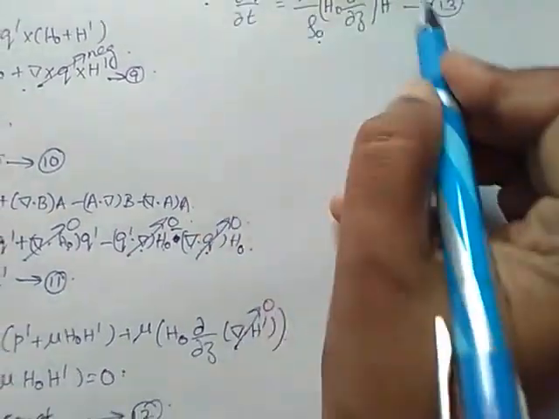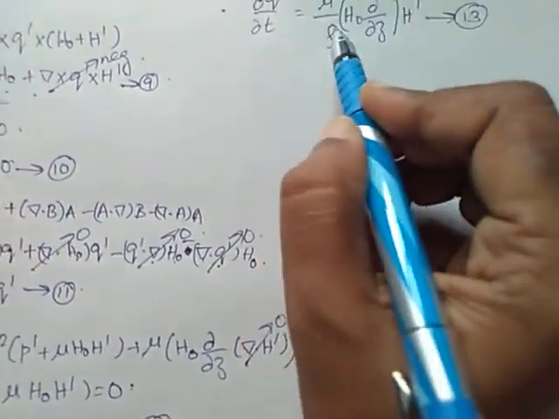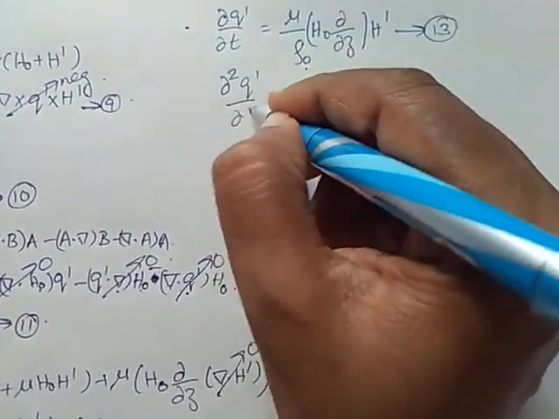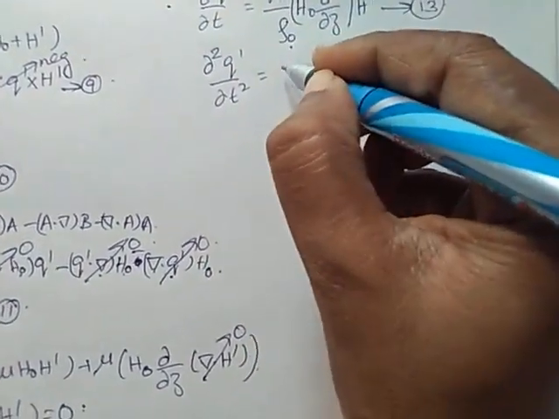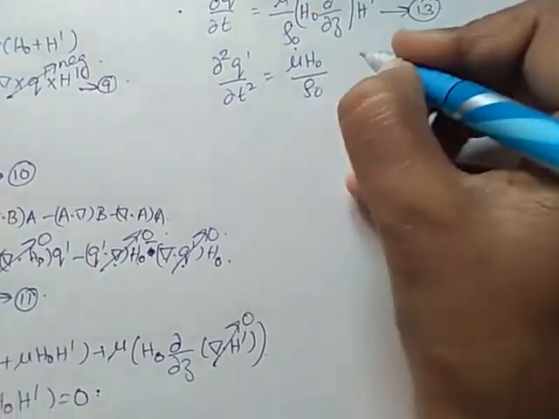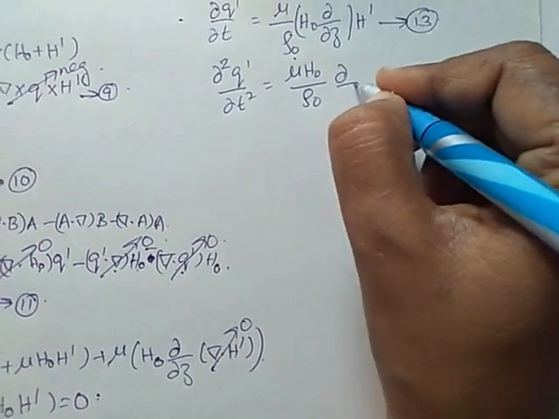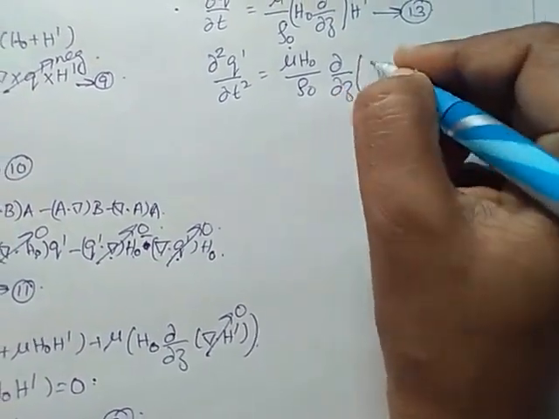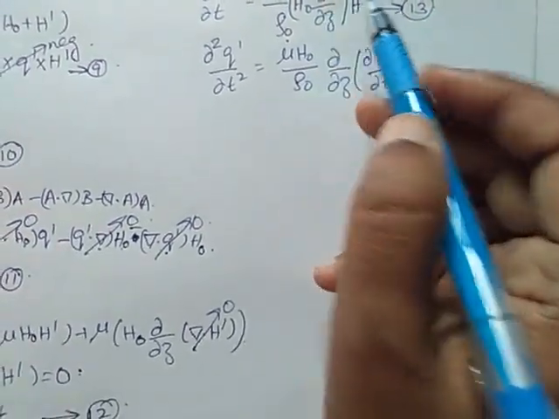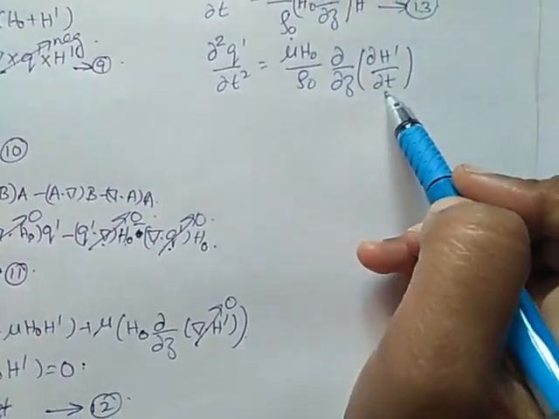If I differentiate this equation with respect to t, I'll get dou square q dash by dou t square equal to mu h naught by rho naught dou by dou z of dou h dash by dou t. I just interchanged this derivative with this.